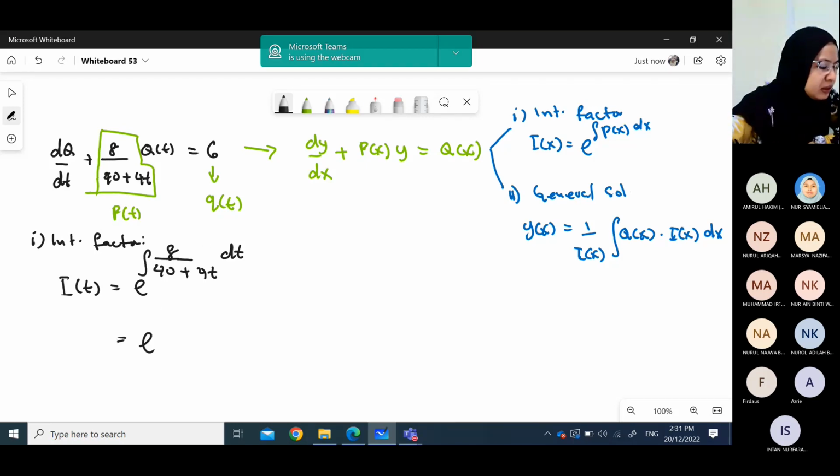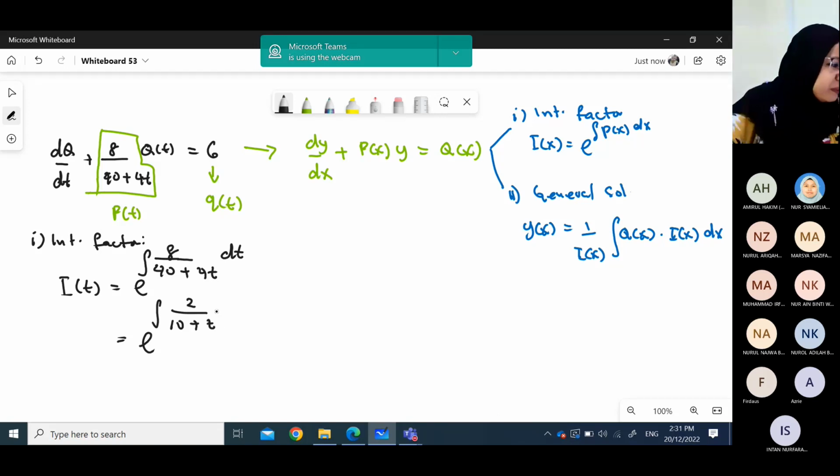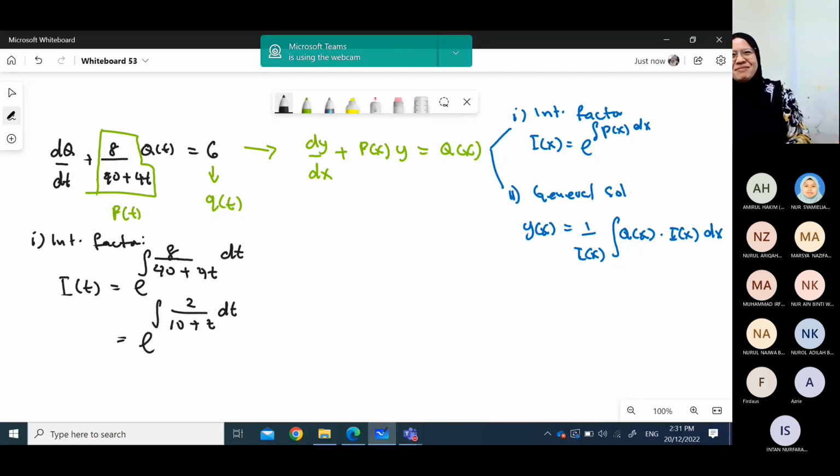Then we have exponent integral of, boleh simplify tak ini? 2 over 10 plus t. Boleh simplify berapa ni? Simplify 4.